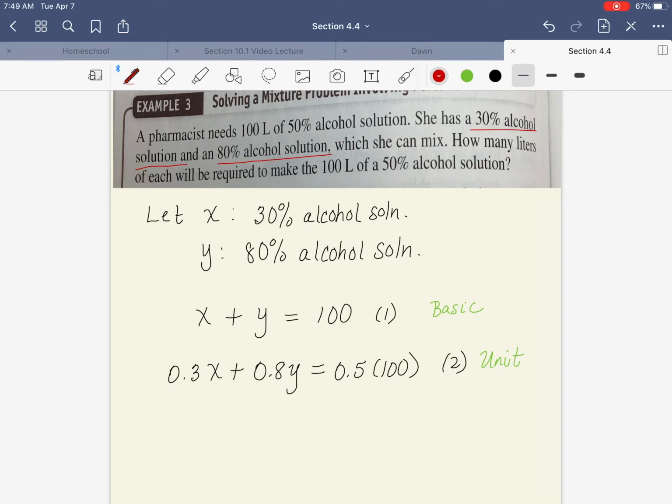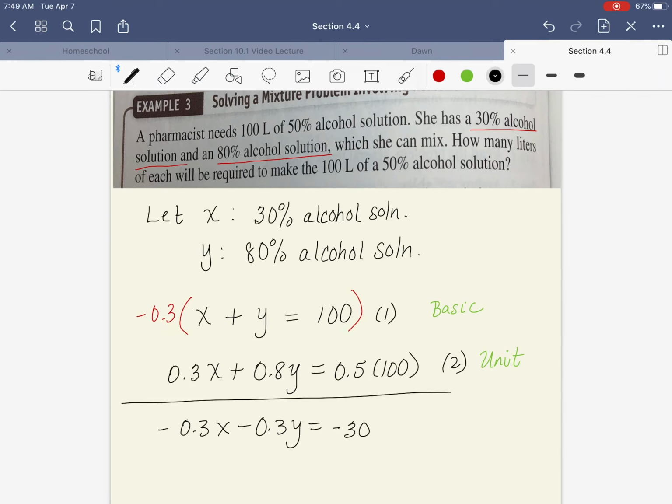All right, so I'm going to multiply. If I want to get rid of the x's, the LCM would be 0.3, so I'll multiply the first equation by a negative 0.3 so that we have opposite signs. So negative 0.3x minus 0.3y is equal to negative 30.